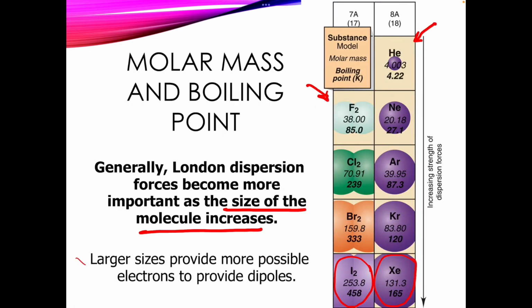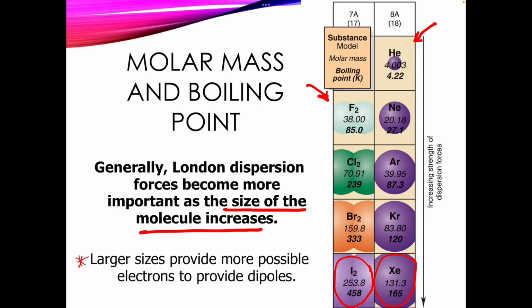I know I'm going to relate it to molar mass. When we think about it, I want you to think, oh, that one has a greater molar mass, therefore it has a greater London dispersion force. But that's not actually the reason. It has a greater molar mass, therefore it has more electrons, and more electrons lead to a greater London dispersion force. So make sure to connect it back to the electrons.